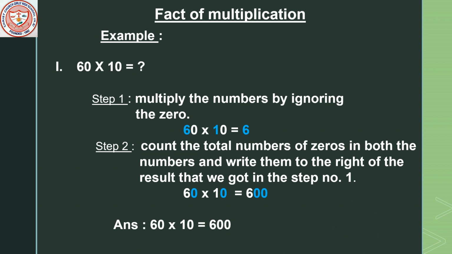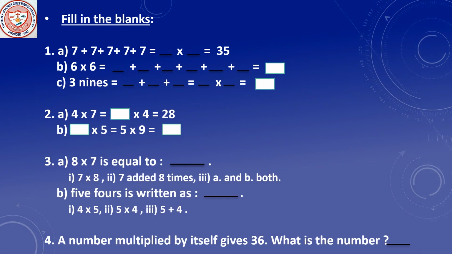Now, here are some exercises which you have to solve by following the properties and the facts of multiplication. Okay, so let us discuss it. Look at the exercises. Fill in the blanks.